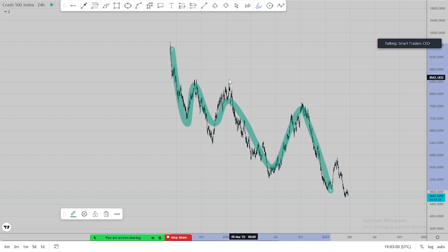We can see that this is a downtrend. So right now, we are trying to see, is this the new lower high, like this? Just looking at this zoomed out analysis, you can see that overall crash 500 has been majorly downtrending.